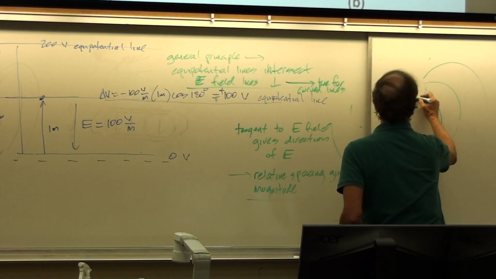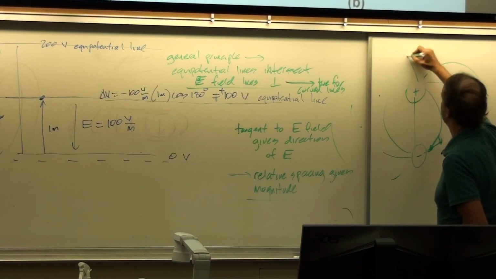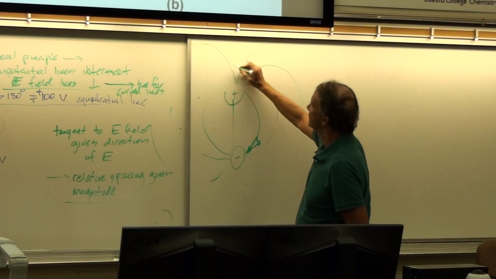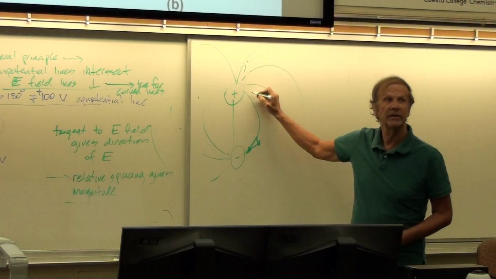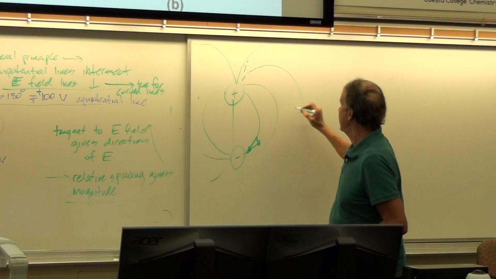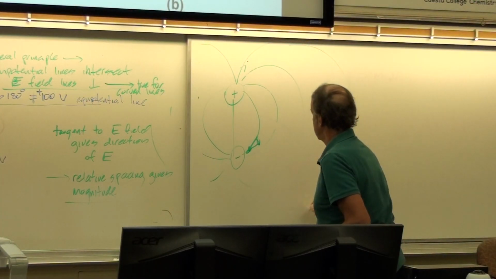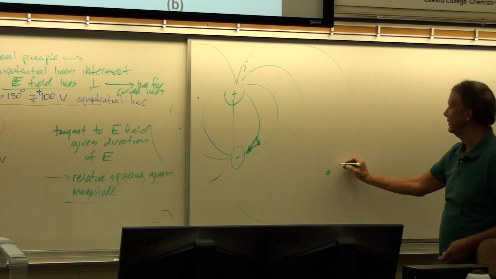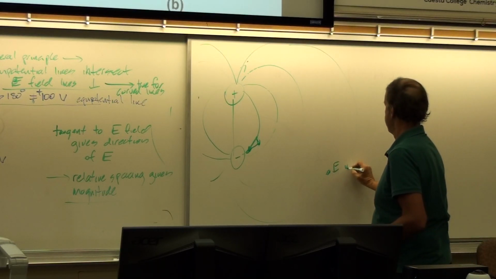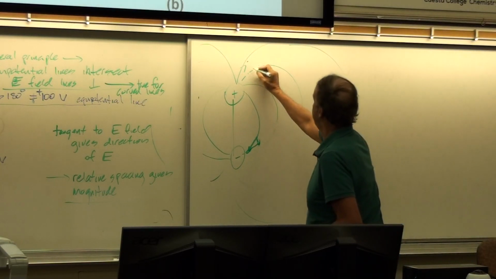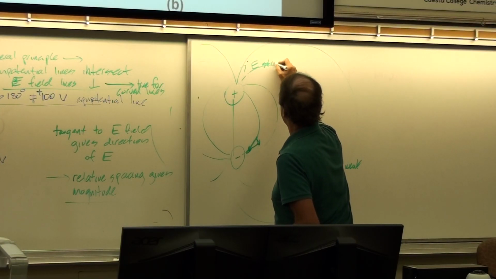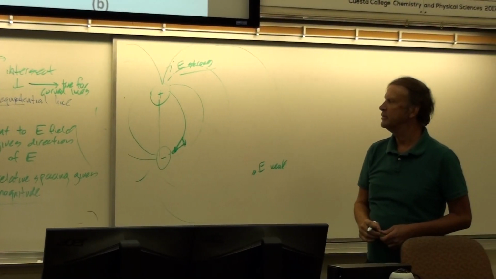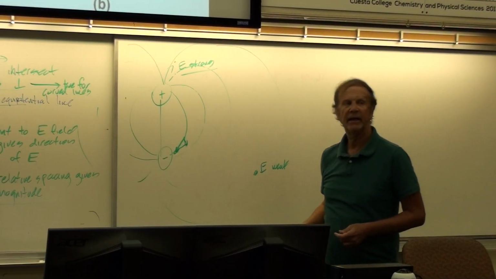And so then in close here, where we've got lines that are pretty closely spaced, we know that the electric field is stronger. And out here, where the lines aren't so closely spaced, we know the electric field is weak. So there's a lot of usefulness then to being able to construct electric field lines.